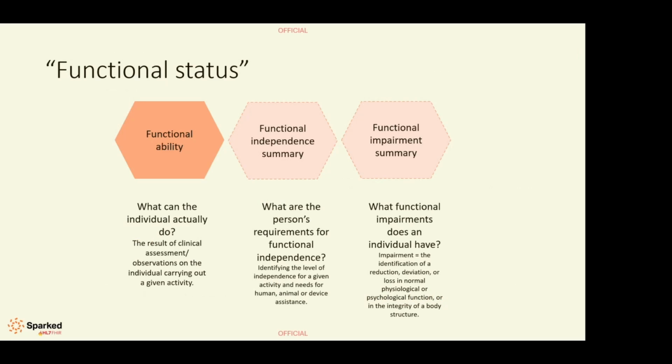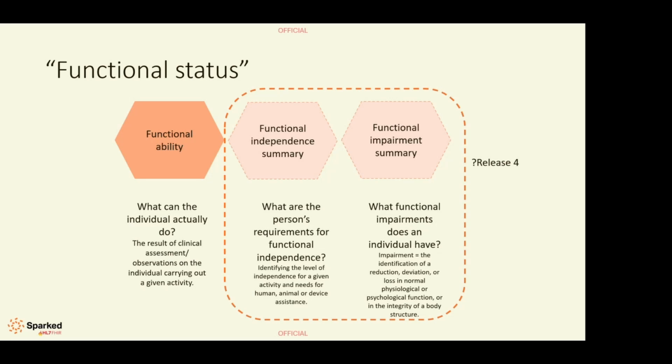So where we got to was that we needed to look at ability first, and the hexagon on the left, the functional ability one, is more about what the individual can actually do. And this data group has gone as part of AEHRC R3 and has just been released for community comment. So those of you who are interested in the functioning suite, I'd encourage you to go and download AEHRC R3 and provide your feedback.